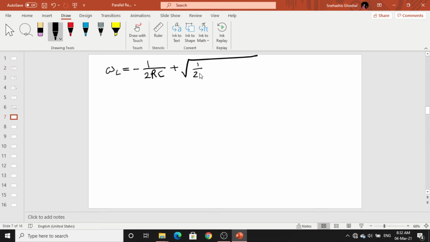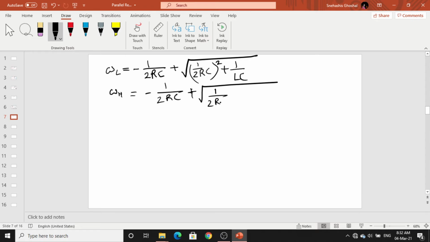Omega low is minus 1 by 2RC plus root over of (1 by 2RC) whole square plus 1 by LC, and omega high will be 1 by 2RC plus root over of (1 by 2RC) whole square plus 1 by LC.